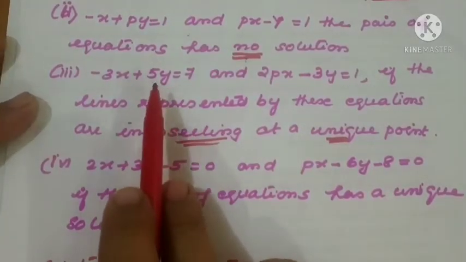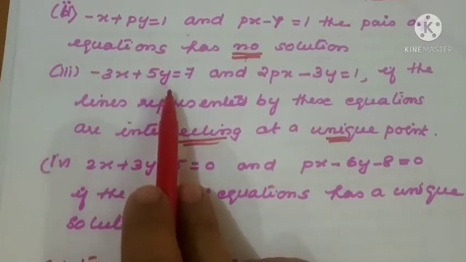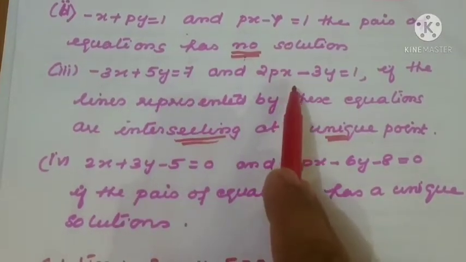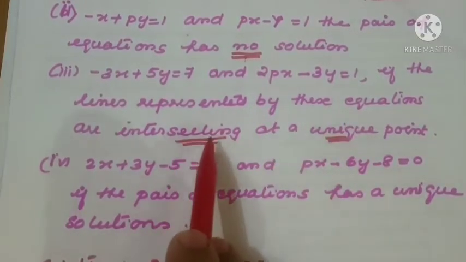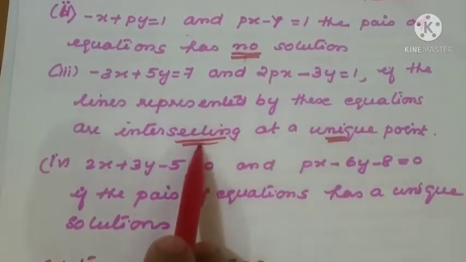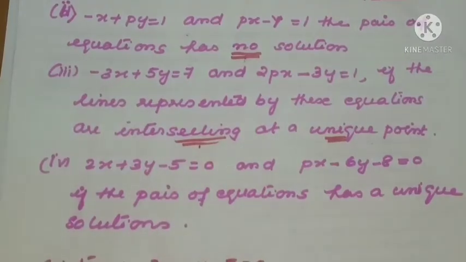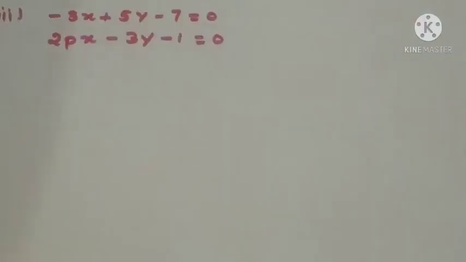Question number 3. Minus 3x plus 5y equal to 7 and 2px minus 3y equal to 1. The lines represented by these equations are intersecting at a unique point. Intersecting means what is the condition? They are having a unique solution. So when the unique solution is there, what is the condition? a1 by a2 not equal to b1 by b2. First we have to write in the standard form.